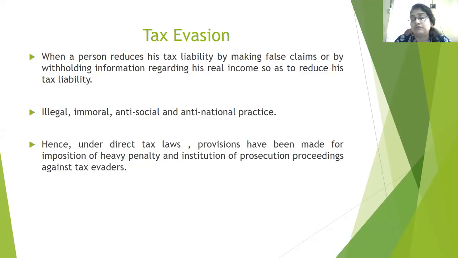I am not giving out, while filing returns, my real total income. I'm suppressing, withholding, concealing half of my income. Thereby, I'm showing lesser income, thereby a reduction in tax liability.